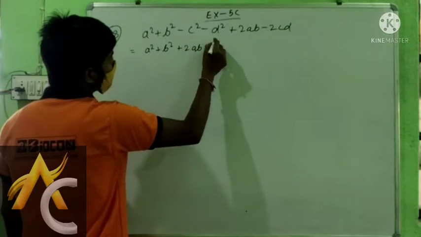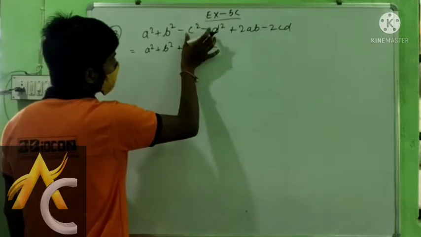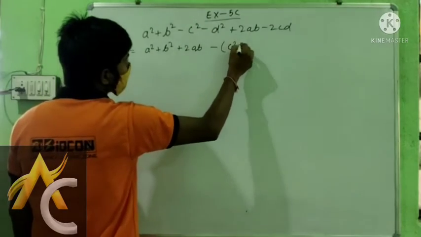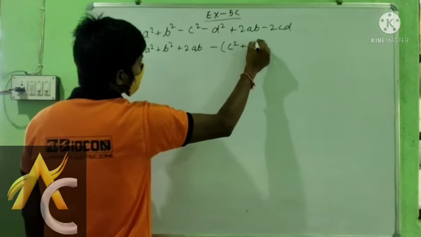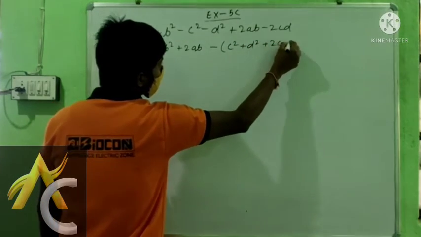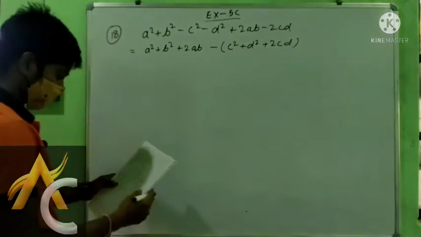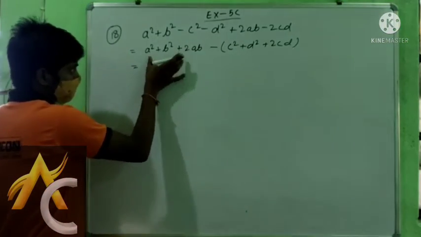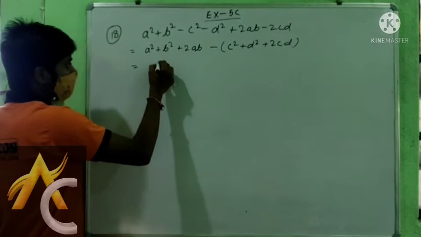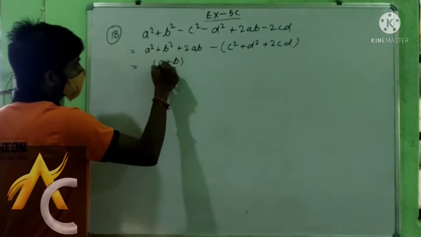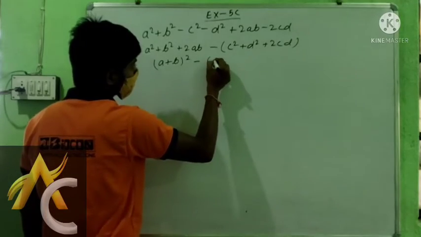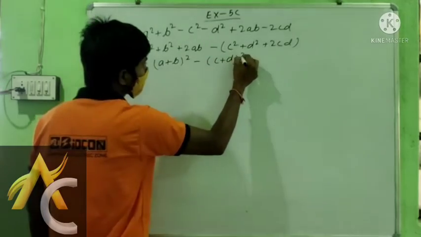Then if we take minus common from minus c square, minus d square and minus 2cd, it will be minus c square plus d square plus 2cd. Then all three of these are in the form of a plus b whole square, and then minus, and these are in the form of c plus d whole square.